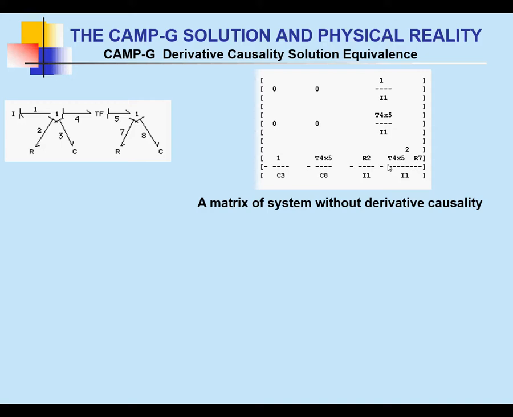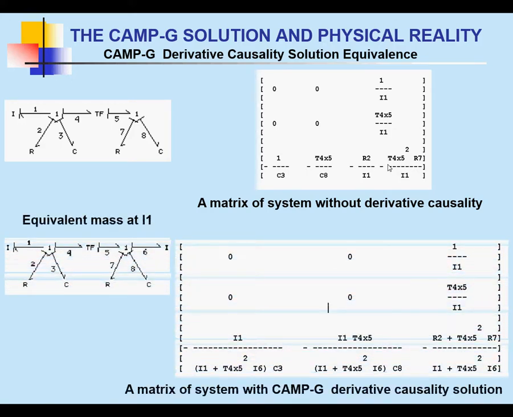So this is the system without derivative causality, and this is the system with derivative causality. You could begin to see very clearly that the introduction of derivative form complicated our expressions. Although we solve this by using the derivative form, the expressions for A new and B new are more complex.